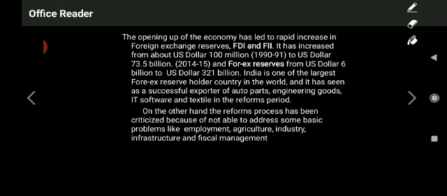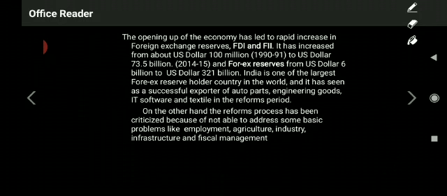Due to globalization and economic reforms, the foreign exchange reserves of the government have increased, and foreign direct investment and foreign institutional investment have also increased rapidly.